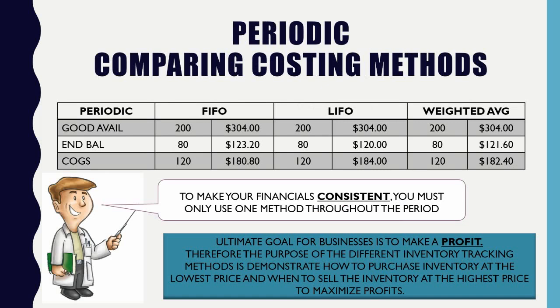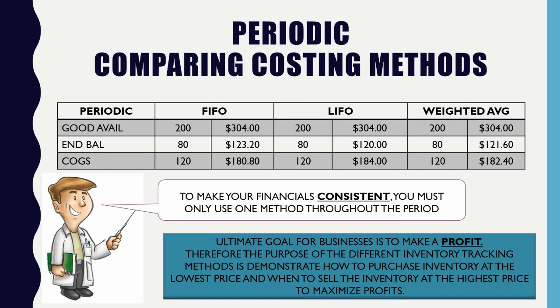So let's go ahead and compare and contrast these costing methods, depending on which method works best for you. Comparing all three methods, when we use FIFO, we get rid of our first batch first, and that brings our cost of goods sold to a lower value, $180.